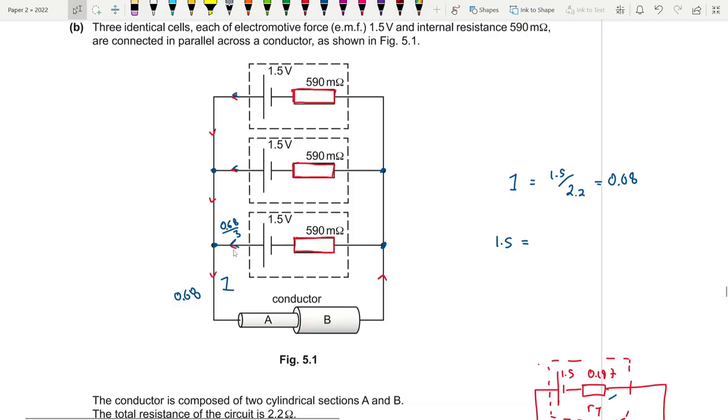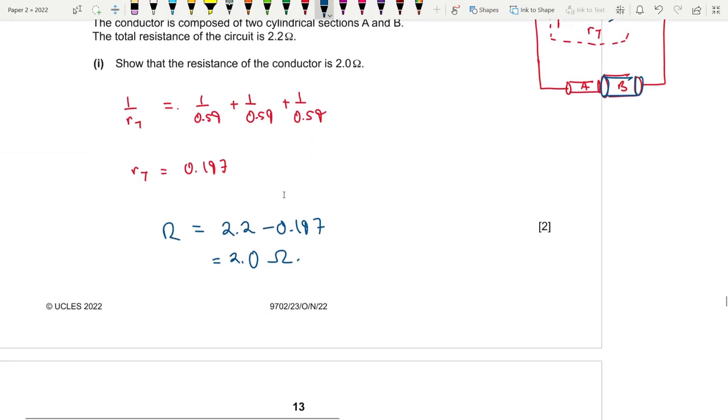We can write that 1.5 is equal to IR, which is 0.68 times capital R, plus 0.68 by 3 into 0.59. You don't consider it thrice because they're connected in parallel, right? So if you do solve this, you're gonna get R as 2 as well, okay? But I don't prefer that.